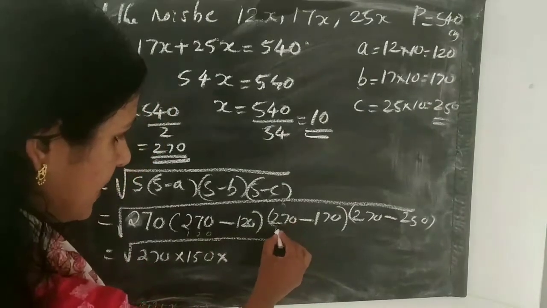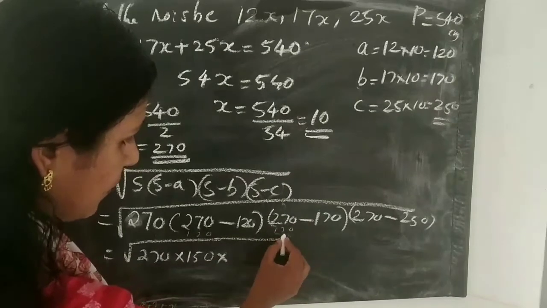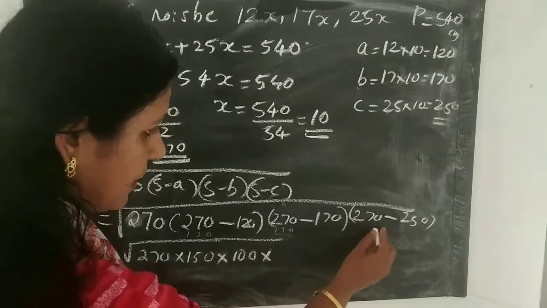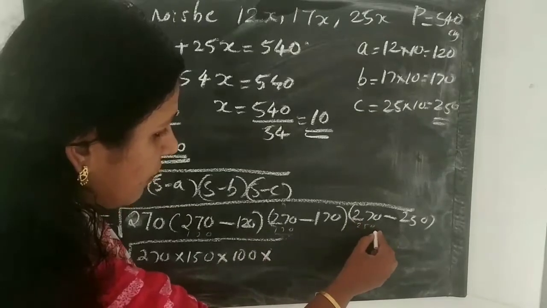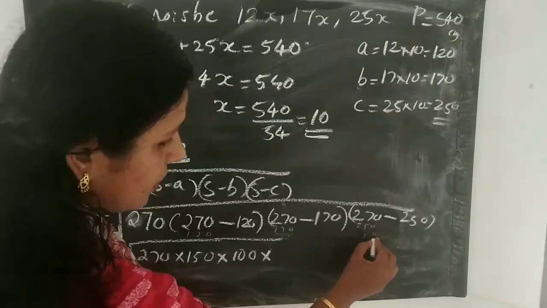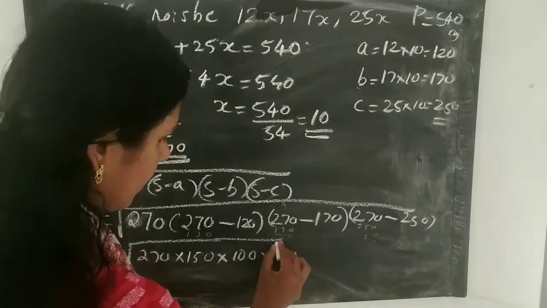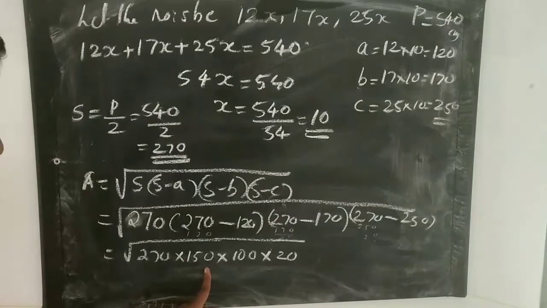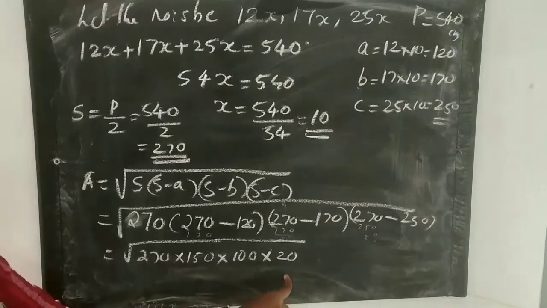Then 270 minus 170 is 100. Then 270 minus 250 is 20. So here we get the values 270 into 150 into 100 into 20.